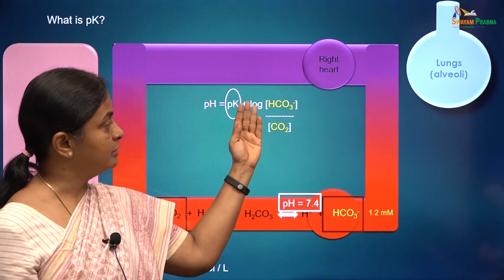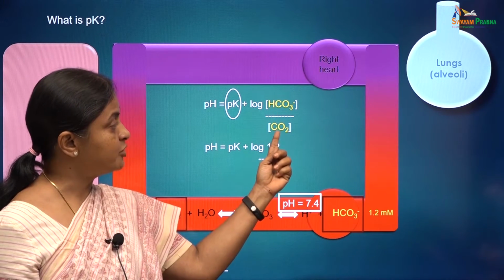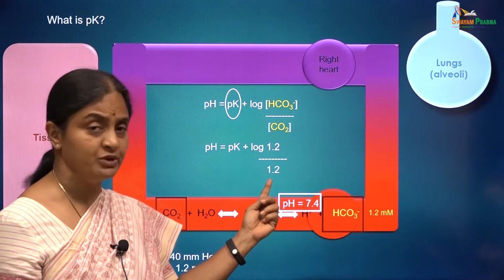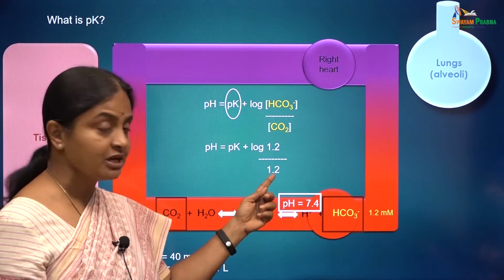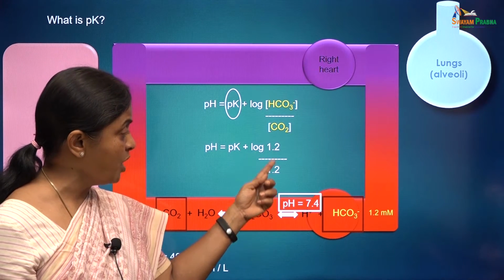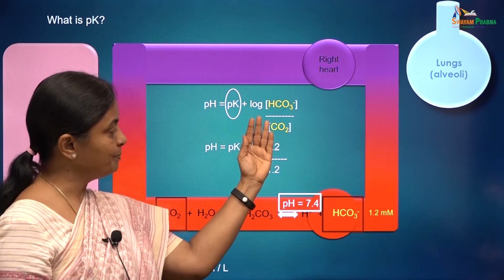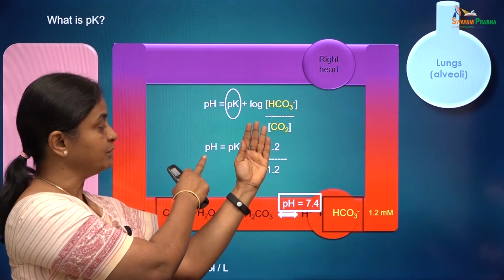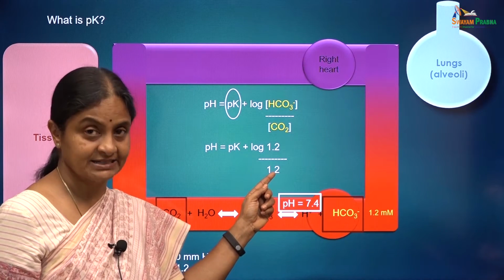We can make this term 0 if we have same concentrations of bicarbonate and carbon dioxide. You could keep it at 1.2 each or 5 each or 10 each, whatever. If you have equimolar concentrations of acid and base, then this would be log 1 and that would be 0. This term would reduce to 0, and now pH of the solution would be the pK.